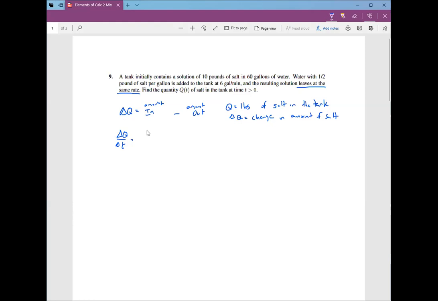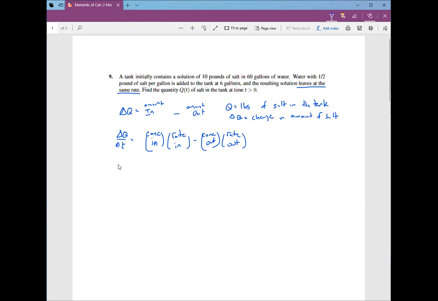This is going to be the concentration in times the rate in minus the concentration out times the rate out.